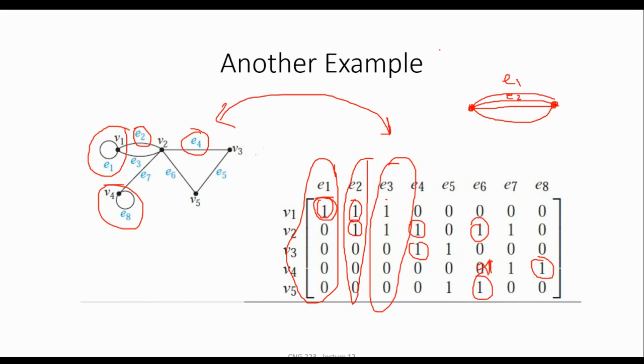So it's not possible to say, okay, I have three different vertices, and this edge, I call it E1. This is not possible. That's why at most in each column, I should have two ones. Can it be all zero? If it is all zero, why do I need to define E5? So it's not happening also in incidence matrices.